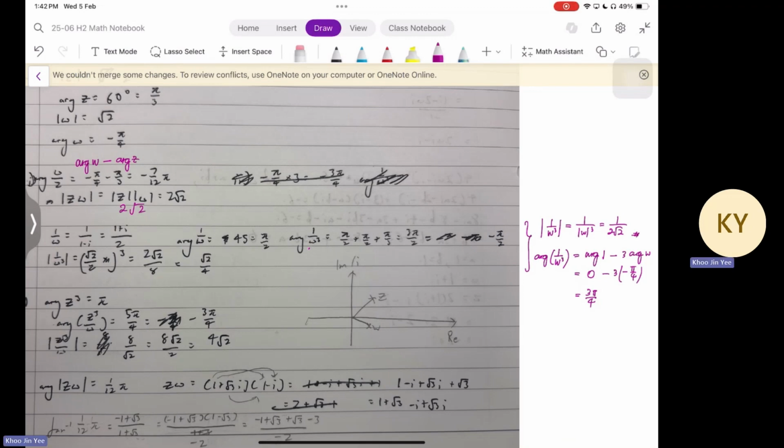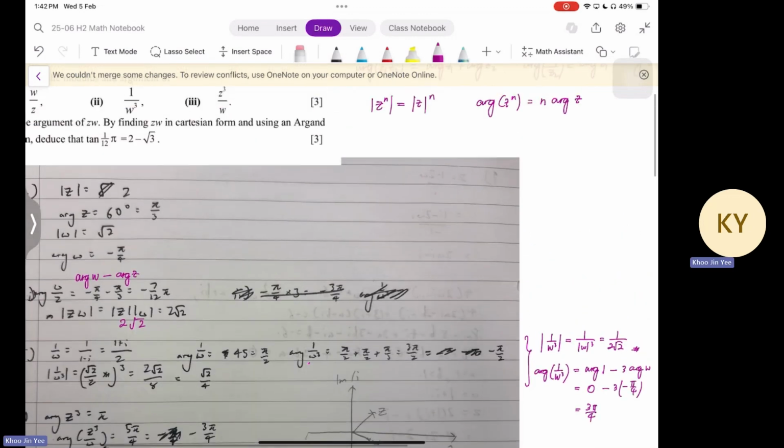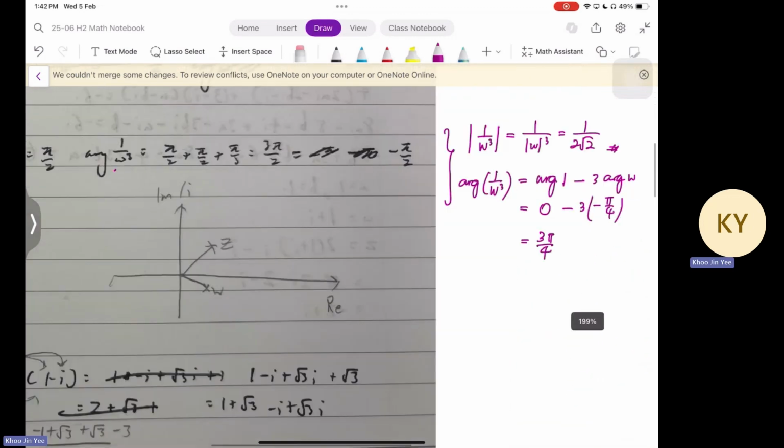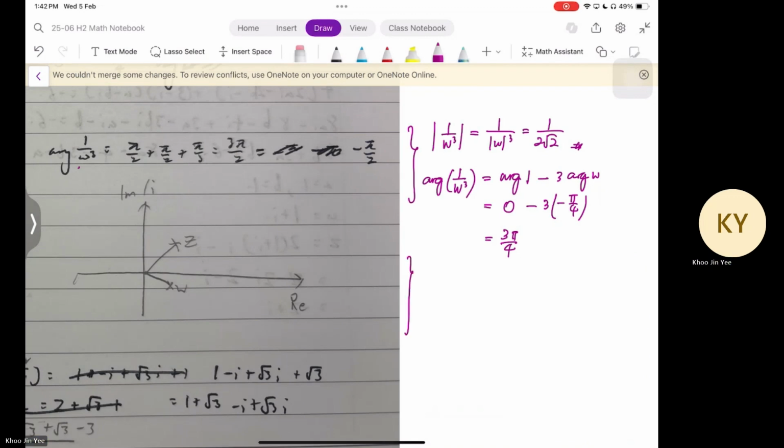Next, let's take a look at part 3, z cube over w. The modulus of z cube over w is the modulus of z cubed over the modulus of w.